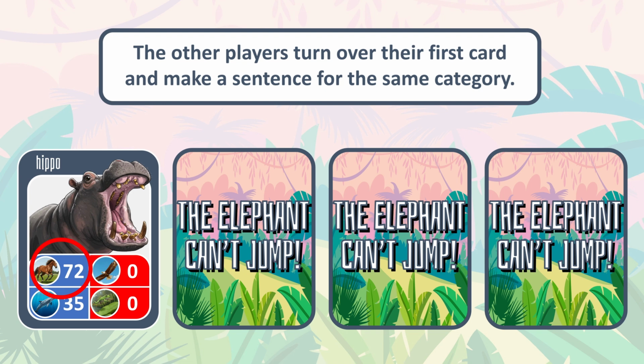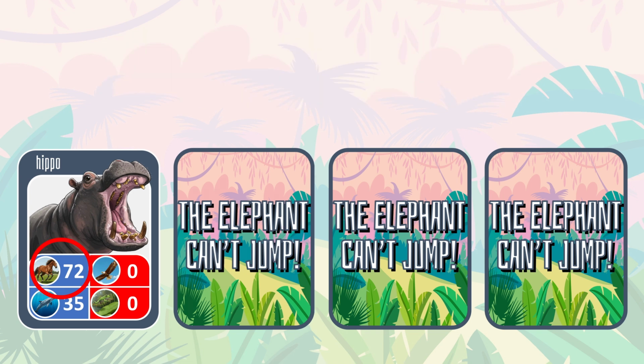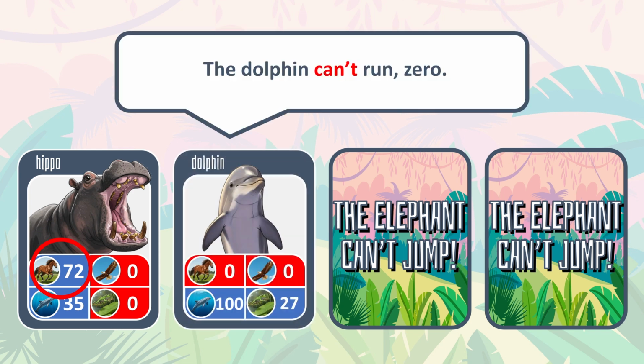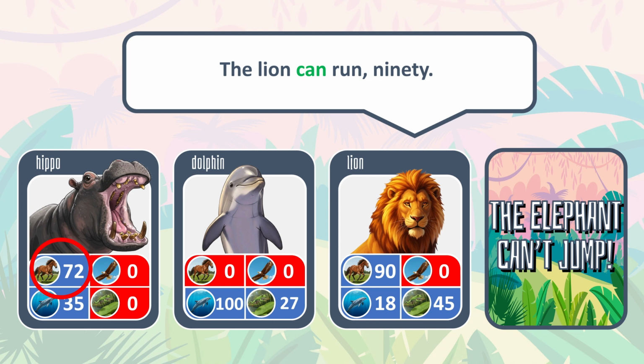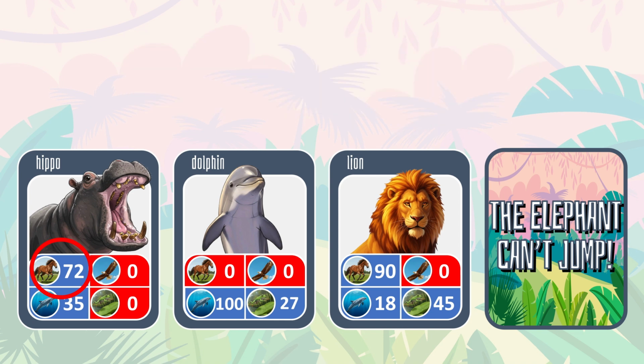Then the other players turn over their first card and make a sentence for the same category. They can't choose a different category. They have to use the same category. So in this case, the dolphin has a 0. So if you have a 0, you have to use can't. So in this case, the dolphin can't run 0. Here, the lion can run 90.